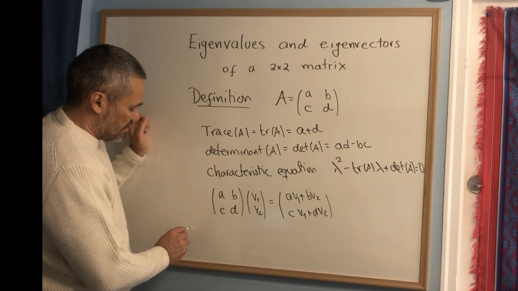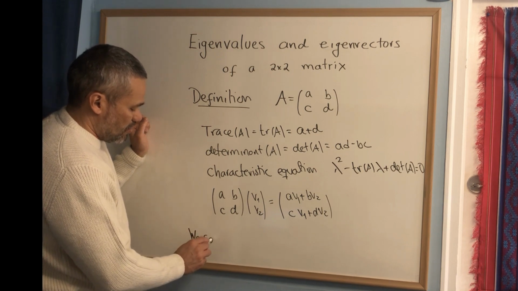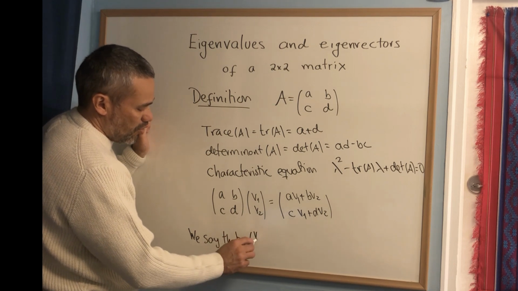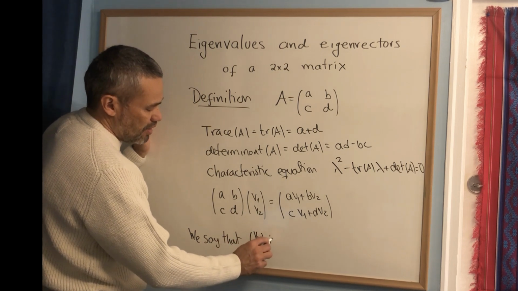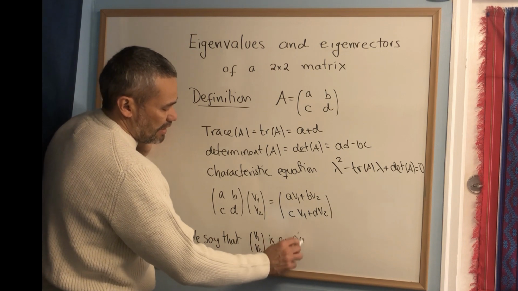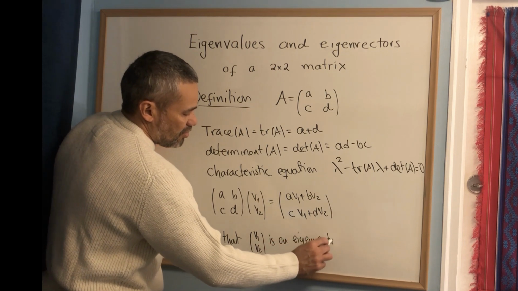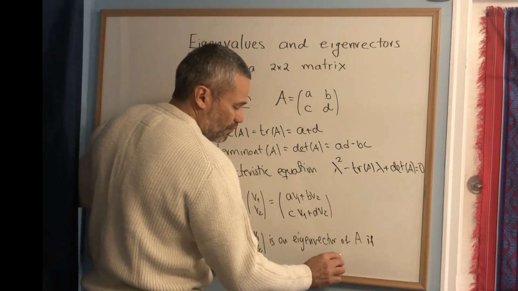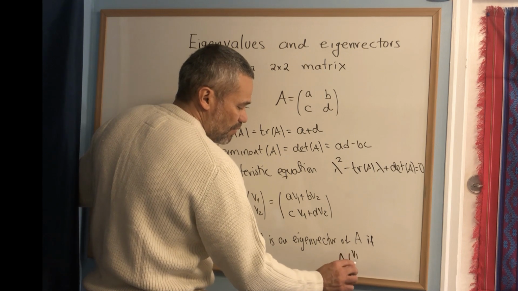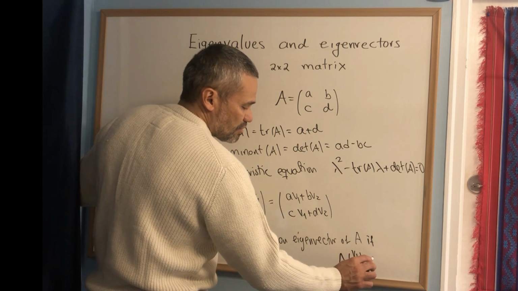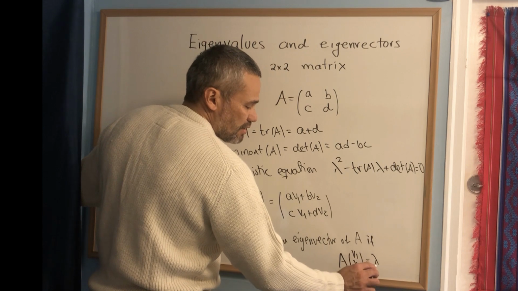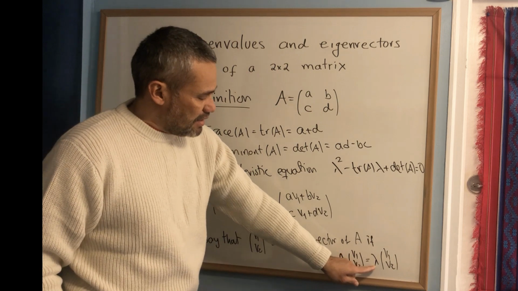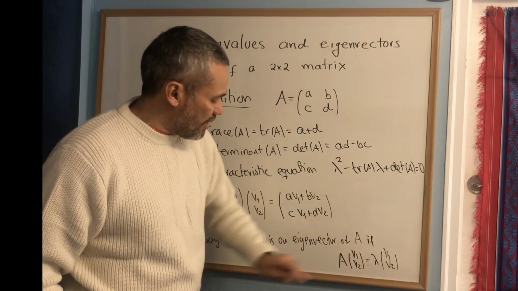We say that V1, V2 is an eigenvector of A if A times V1, V2 is equal to some lambda times V1, V2, where this lambda could be a complex number or a real number.